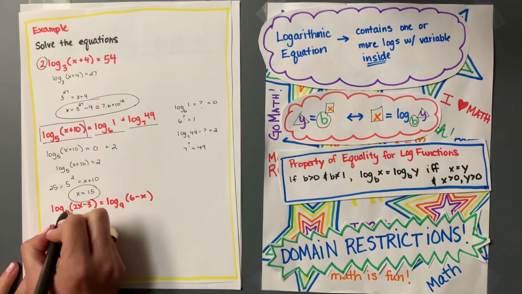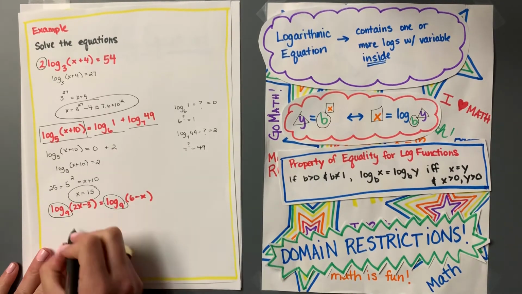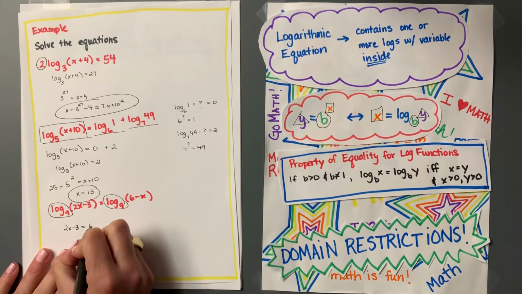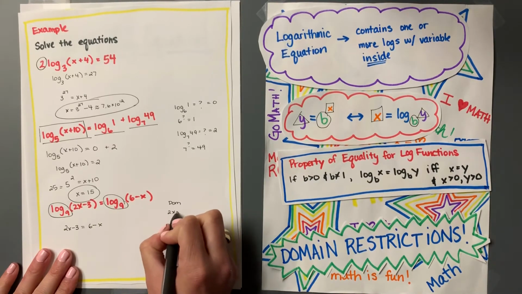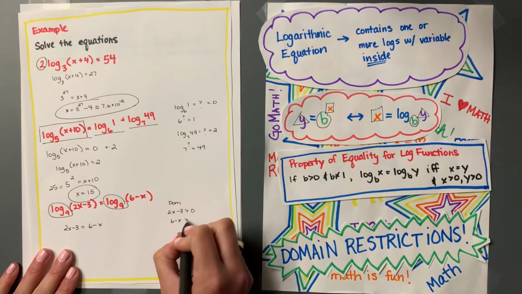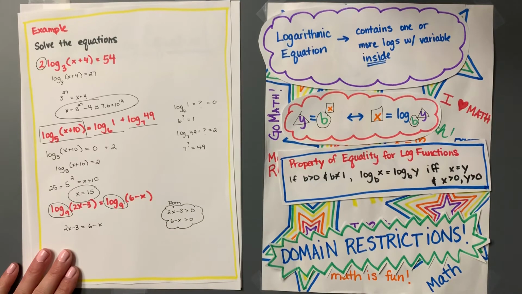All right. Now here I have log base 9 on both sides, so I'm going to go ahead and set these equal. So I have 2x minus 3 is equal to 6 minus x. And for my domain, I need to keep in mind that 2x minus 3 needs to be positive, and 6 minus x needs to be positive. And I'm going to use those to check.